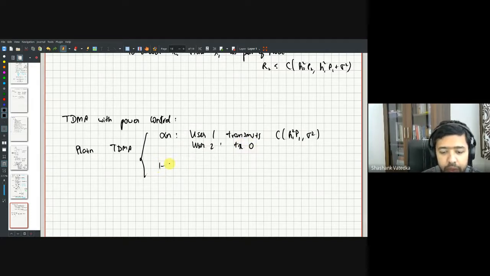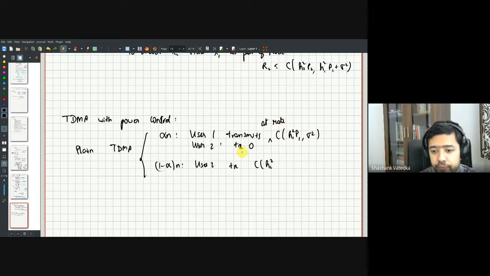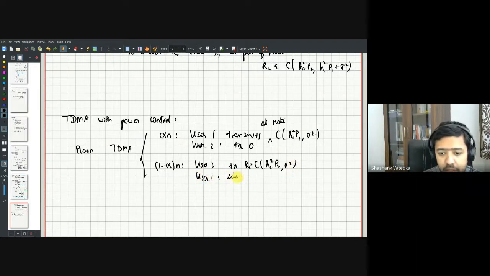And for the remaining 1 minus alpha n channel uses, user 2 transmits at a rate R2 equal to C of H2 square P2 by sigma square, whereas user 1 is silent or basically transmits zeros, right?